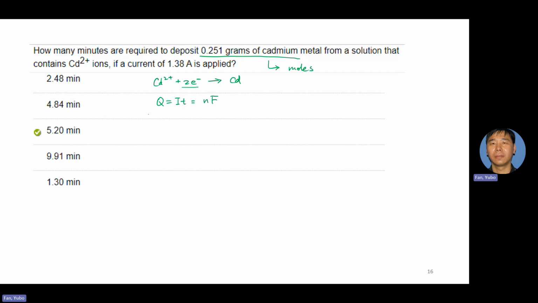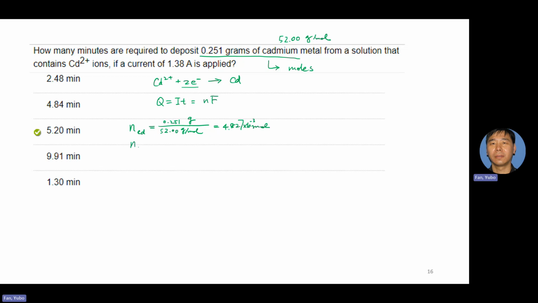So now we can calculate for cadmium. Its molar mass is 112.4 grams per mole. So the number of moles of cadmium produced is 0.251 grams divided by the molar mass in grams per mole. Grams cancel out, and we have 4.827 times 10 to the minus third moles.